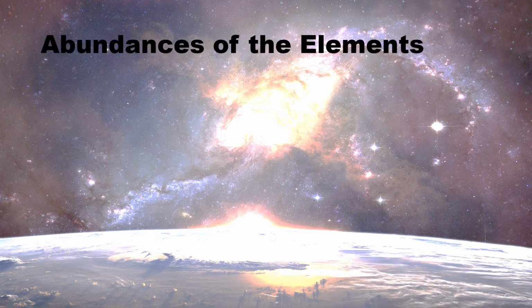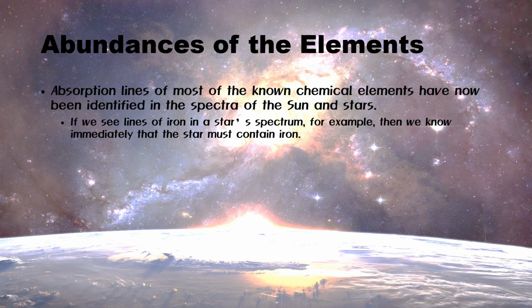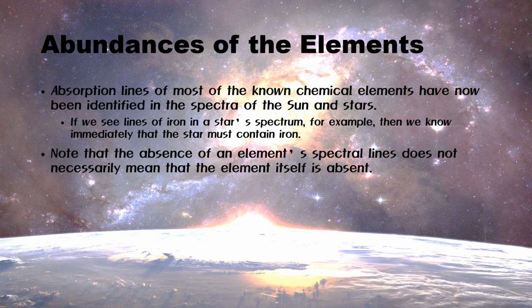And so we can use the abundance of elements to help us determine more. Absorption lines of most known chemical elements have already been identified in the spectra of the sun and of stars. If we see the lines of iron, for example, in a star's spectrum, then we know immediately that the star has to contain iron. Note, though, that the absence of an element's spectral lines does not necessarily mean that the element itself is absent.